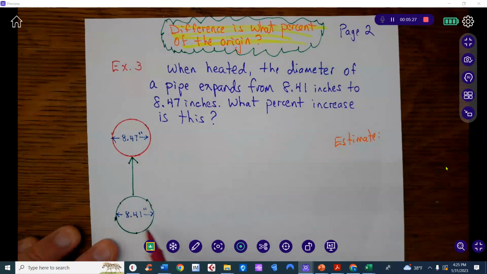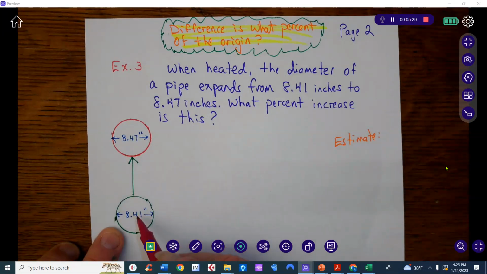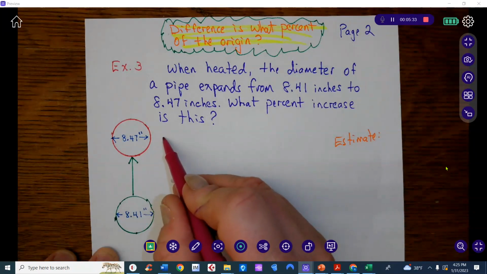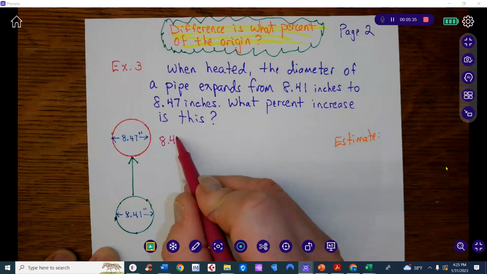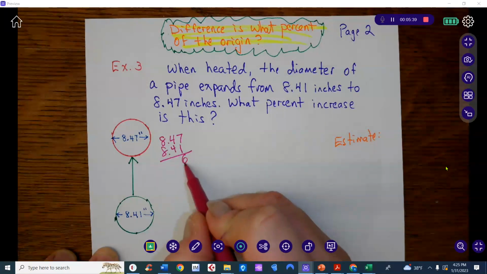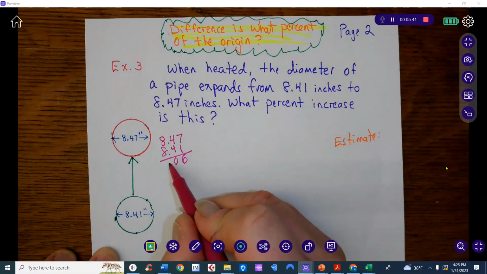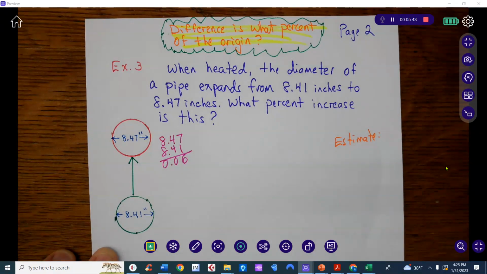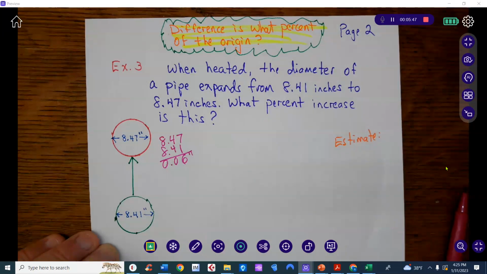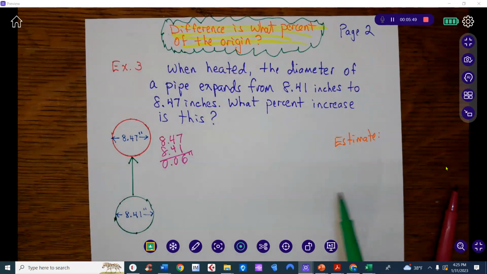Well, we're doing an increase problem. And let's find what the difference is. Let's go 8.47 minus 8.41. And we're going to have a 0.06 inch increase.